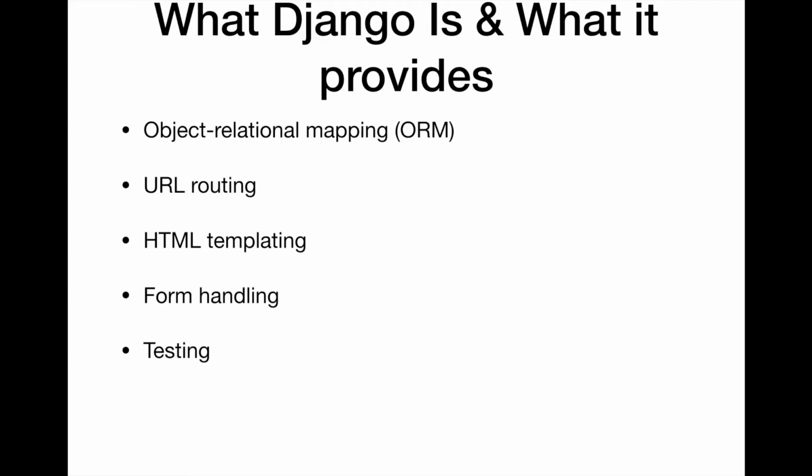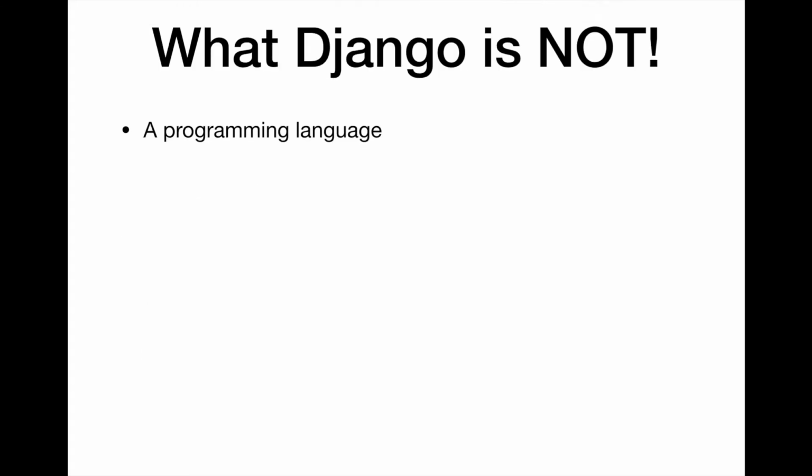So, as a point of clarification, I want to mention some things that Django is not or does not include. Django is not a programming language. Python is the programming language, and Django is a tool written in Python that we use to develop websites. Django is also not itself a web server.